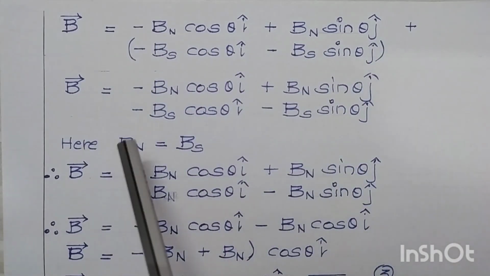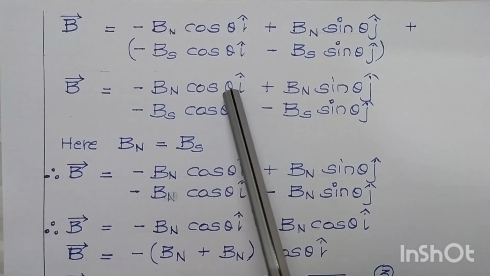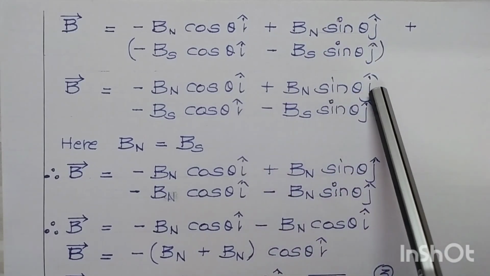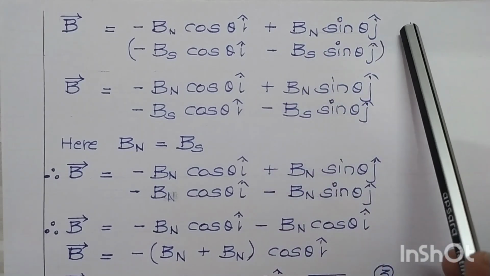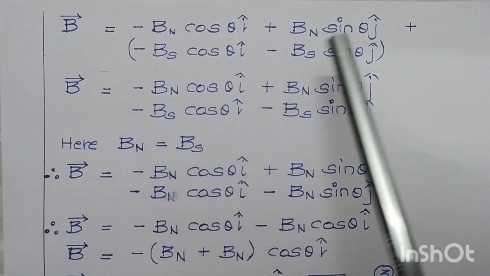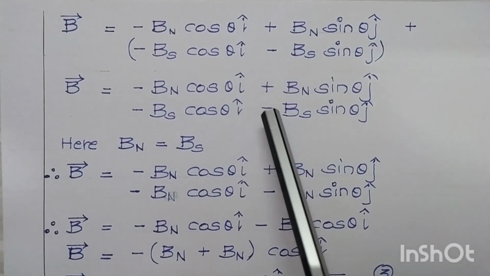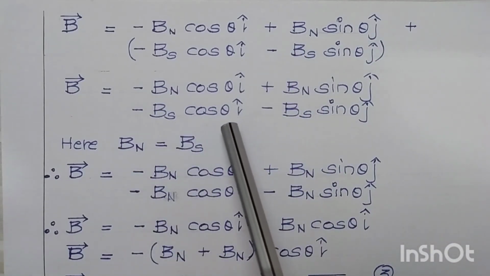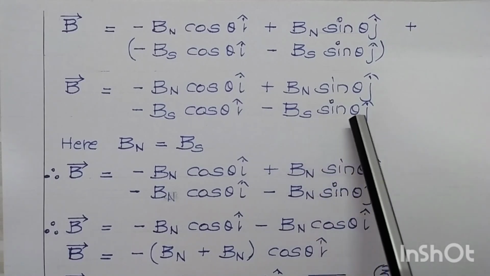In the next step, minus Bn cos theta i plus Bn sin theta j, everything we have written, plus into minus minus, again plus into minus minus. So minus Bs cos theta i cap minus Bs sin theta j cap.